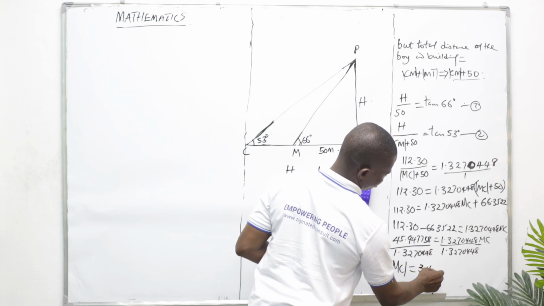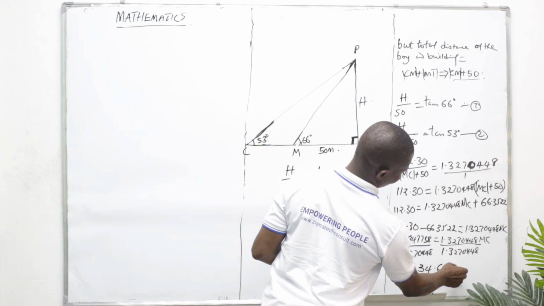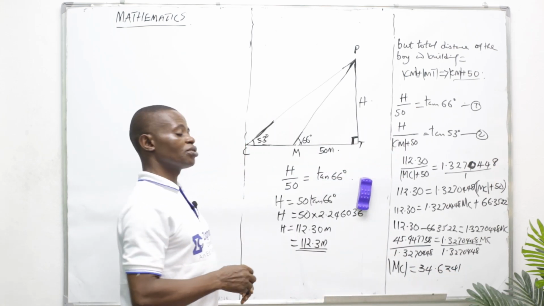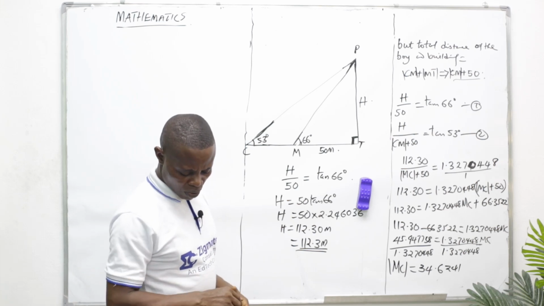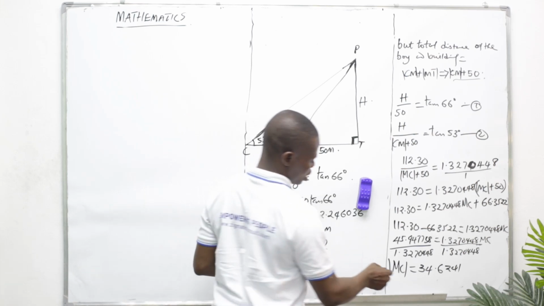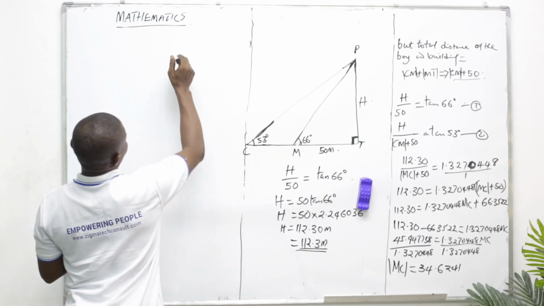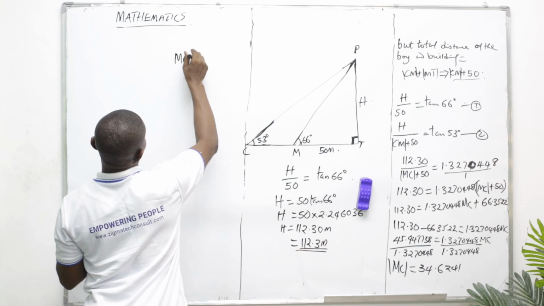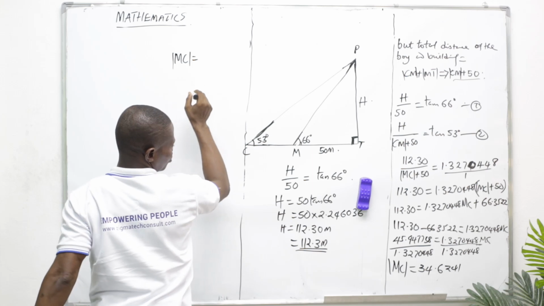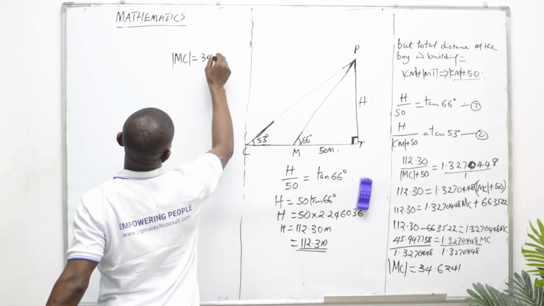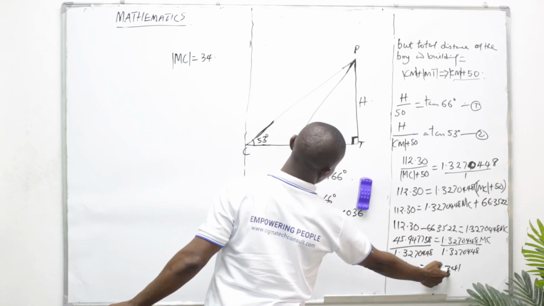That gives 34.6241. The instruction is to one decimal place. So to one decimal place, the length of MC equals 34.6241. Can this approximate?